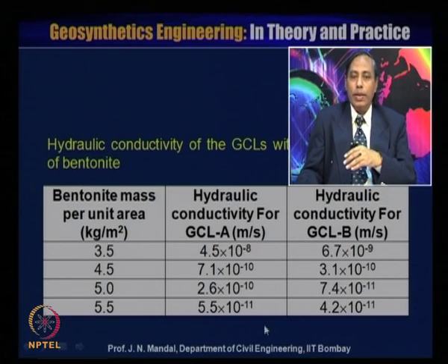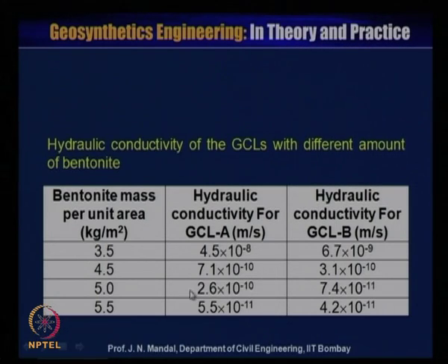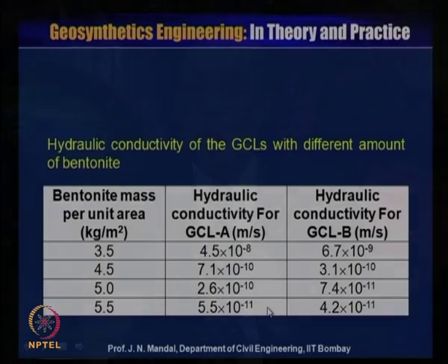You can see how you are having better results with increasing the mass of the bentonite, or bentonite mass per unit area. So, you can fabricate or develop a geosynthetic clay liner where you require the bentonite, and this sodium bentonite is abundantly available in India.